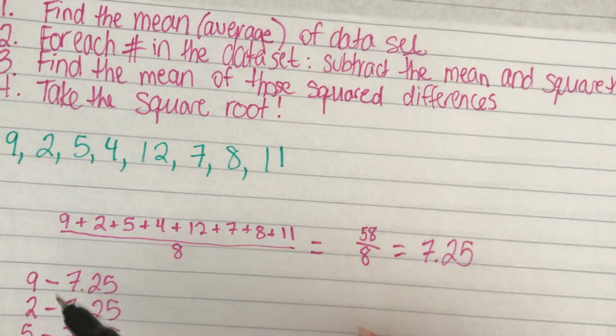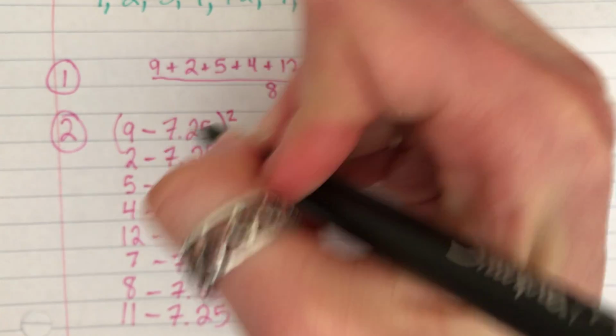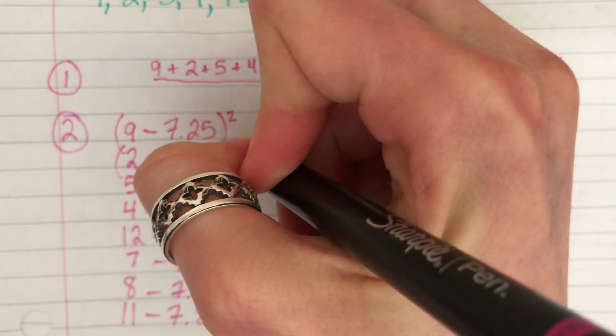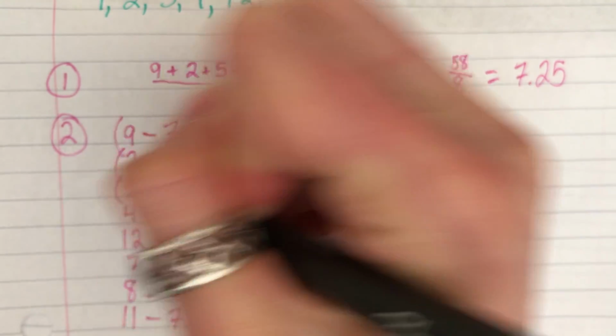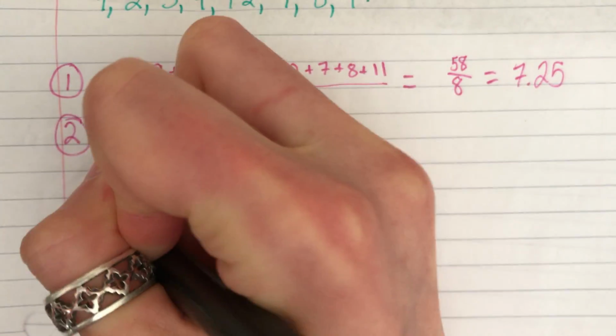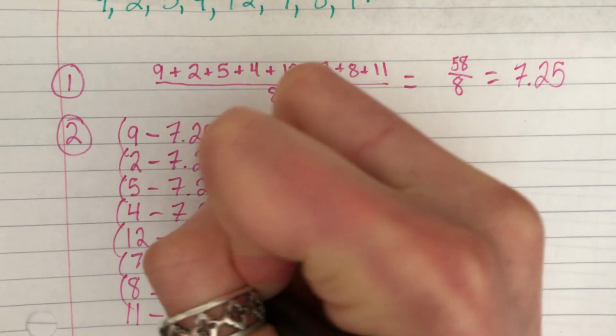Okay, so again, it said for each number, subtract the mean, that's what we did, then square the result. So what I'm going to do right here is square the result. So again, I'm putting these into parentheses because we need to do the subtraction first before we do the squaring. It says to square the result. So we're squaring the result of the subtraction.